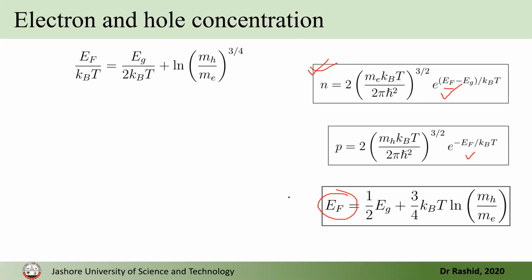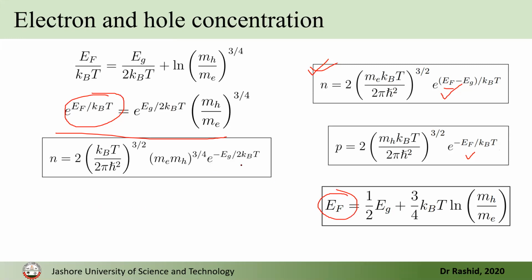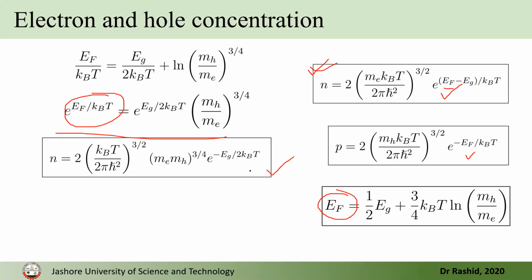To do so, we divide this with kT, and then we have this one. Take an exponential, so we end up with this one. So we put the e to the power EF by kT here, and we finally get N equals this. Of course, this is the same as P.